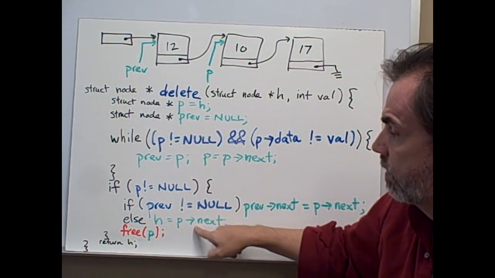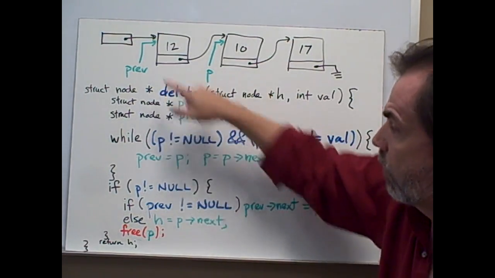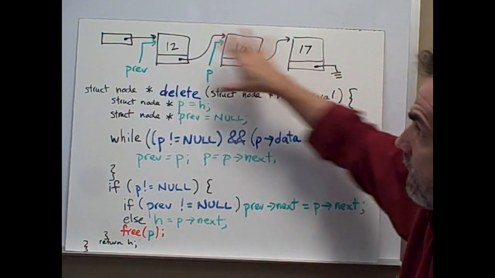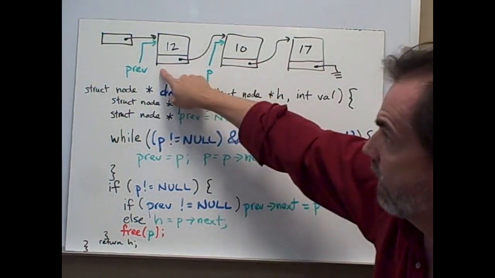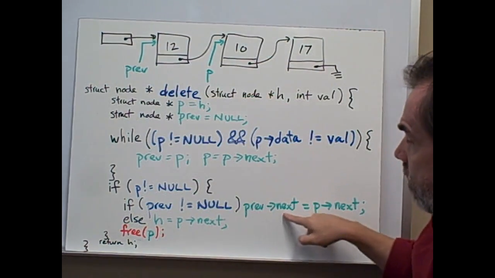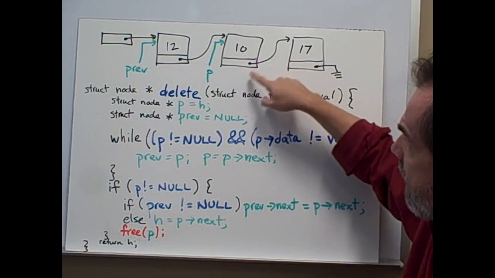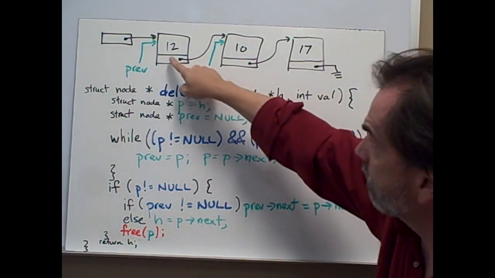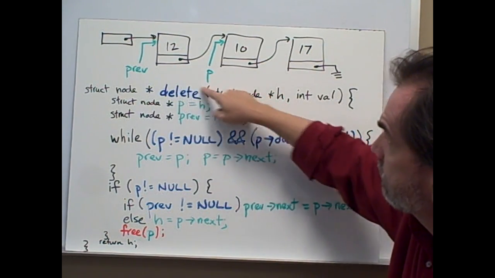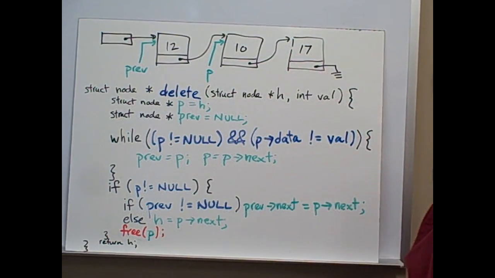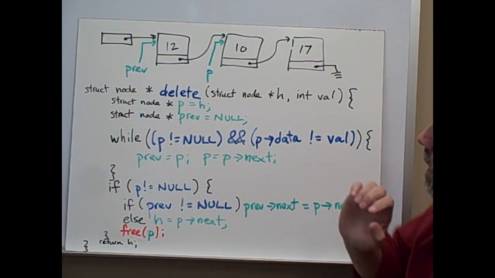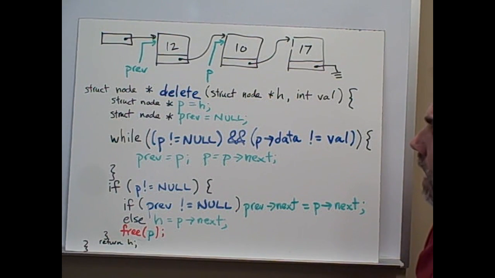So it would be H equals P next. But if prev is not null, that means we moved at least 1 position along the list and prev points to a node. So we do prev next equals P next. So I copy this pointer here into that slot there, which means that this node then points to that node, which removes that node from the list.